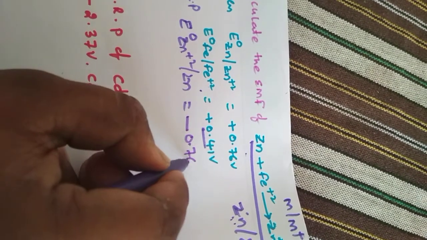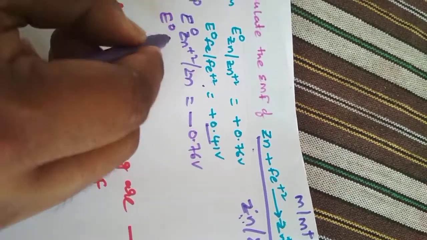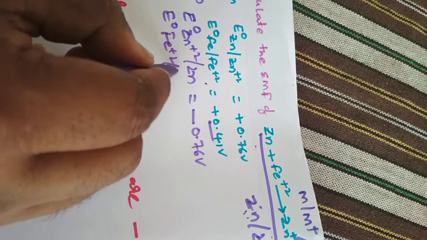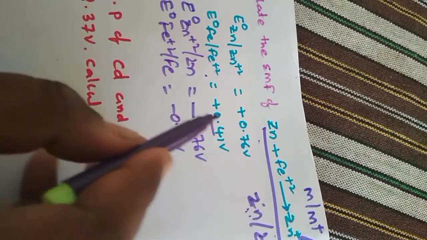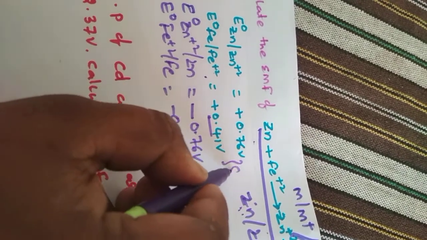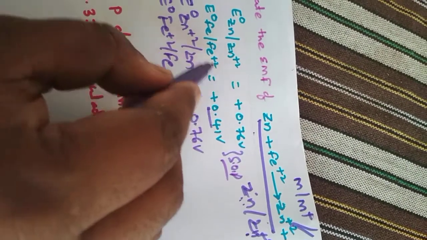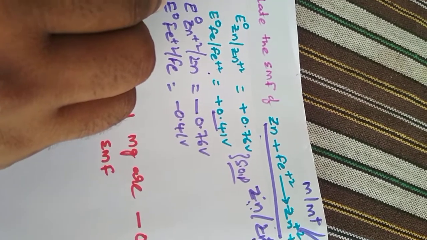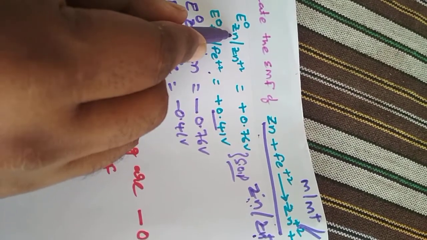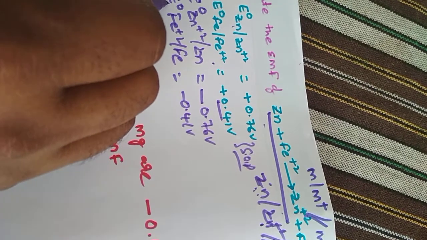Here minus 0.76 volts, and E naught Fe plus 2 by Fe equals minus 0.41 volts. Our given values are in SOP. We have to change the SOP to SRP. SRP means standard reduction potential. So we are changing oxidation potential values into reduction potential values.